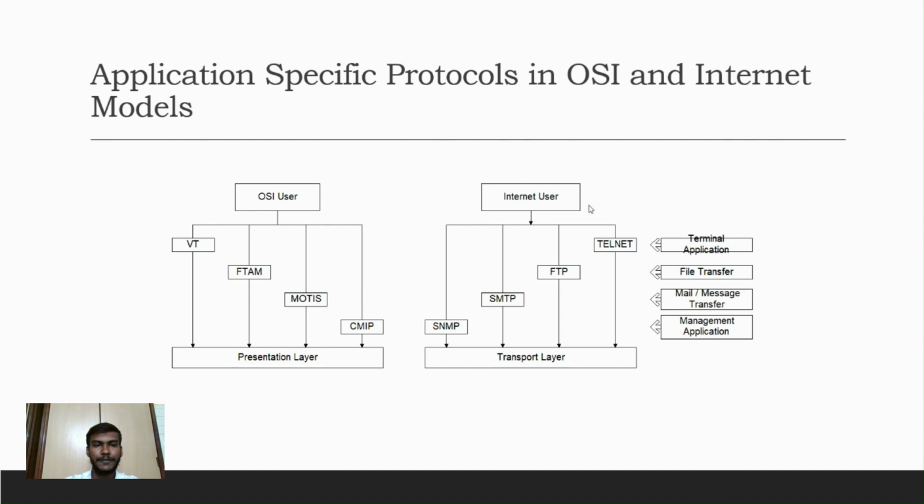In that, FTAM means file transfer access management, and common management information protocol is also present, and simple network management protocol and simple mail transfer protocol. And telnet is commonly used by terminal emulation programs that allow you to log into a remote access. And these are some of the protocols that we are going to use in the application specific protocols in the OSI and Internet models.